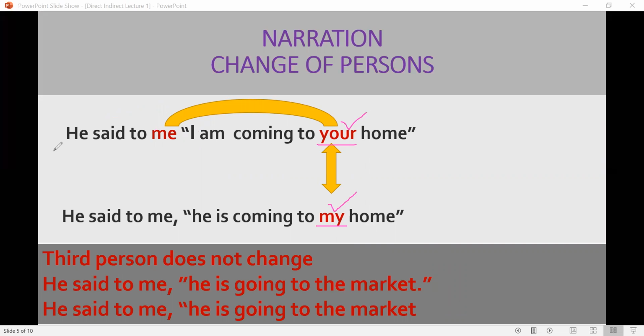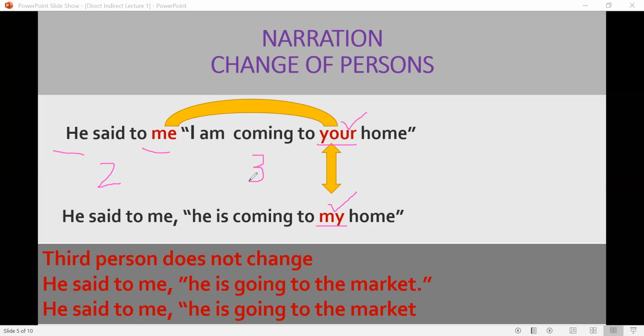There are only two things, subject and object, in the reporting speech, but here we find three: first person pronoun, second person pronoun, and third person pronoun. So what to do with the third person?